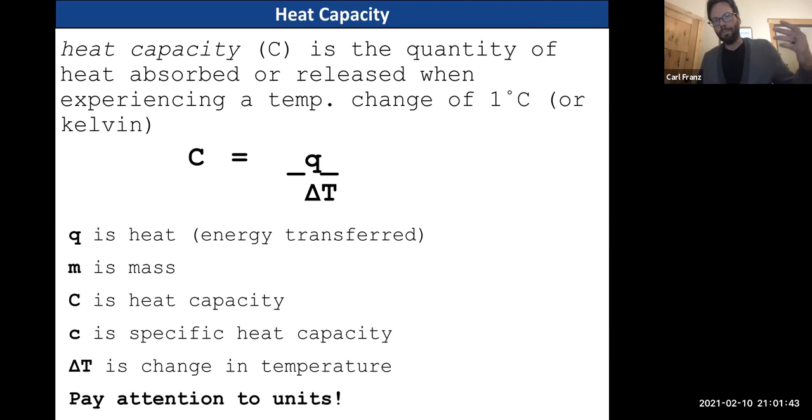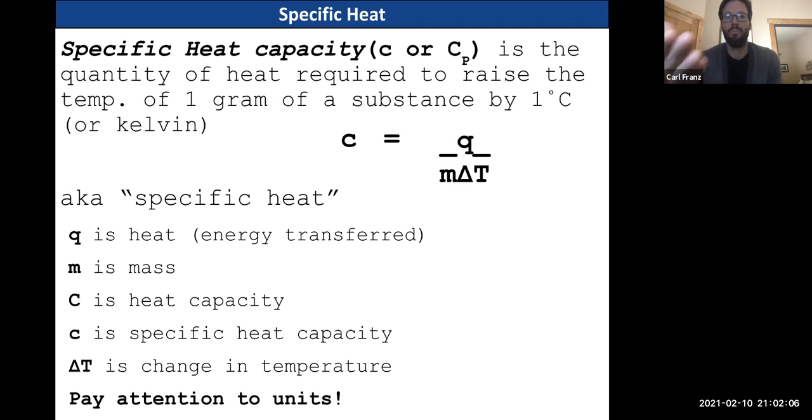So, starting from the beginning, be familiar with heat capacity and specific heat capacity. The difference is that heat capacity is equal to heat over the change in temperature, whereas specific heat capacity takes into consideration mass.